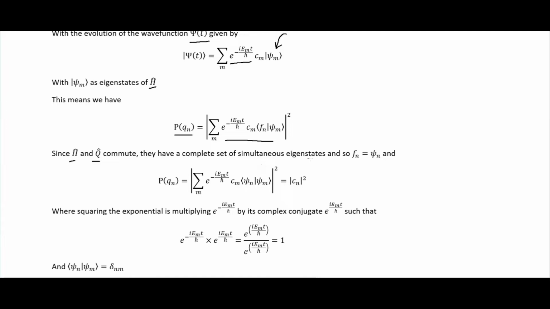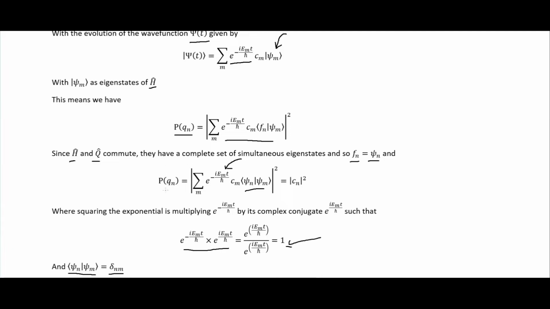Since we're saying that the Hamiltonian and this q operator commute, they have a complete set of simultaneous eigenstates, and so this function is equal to the wave function, and we can put that in here. Then when we square this complex exponential, what we're essentially doing is multiplying by the complex conjugate, which gives us 1. This is equal to 1 if n equals m, but it equals 0 otherwise because they are orthogonal.